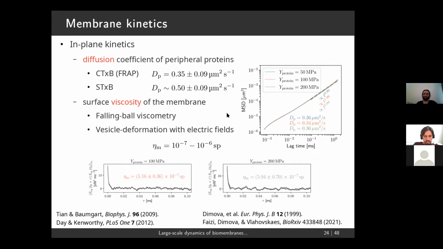This is at this point just a calibration for the in-plane diffusion, and we can get diffusion coefficients for these quote-unquote proteins on top of the membrane, which are comparable with the experimental values. Also, the surface viscosity that comes out of the model is in the range that people have measured in experiments. So we can calibrate the model for good in-plane behavior.